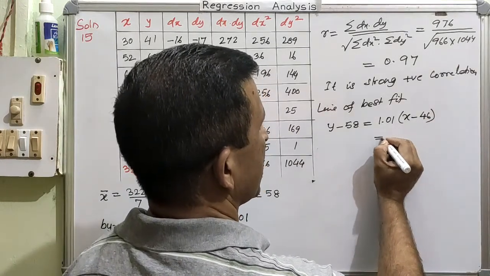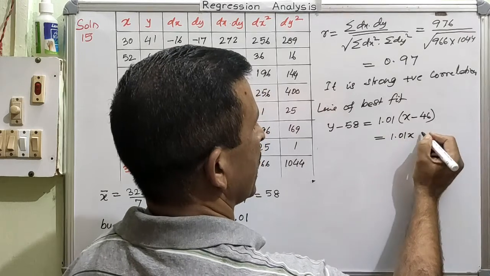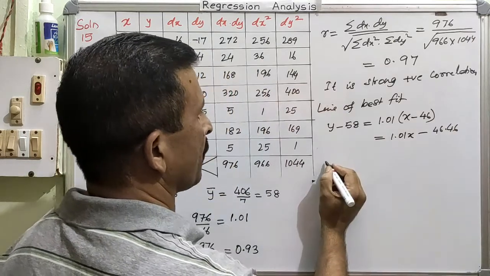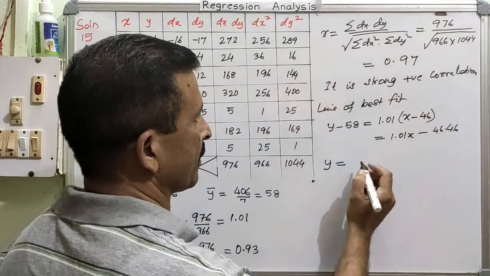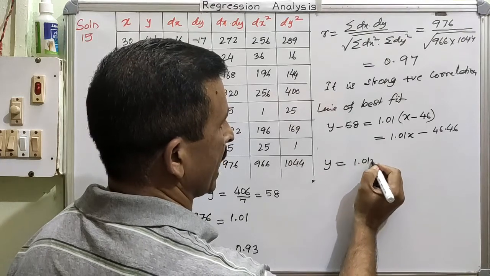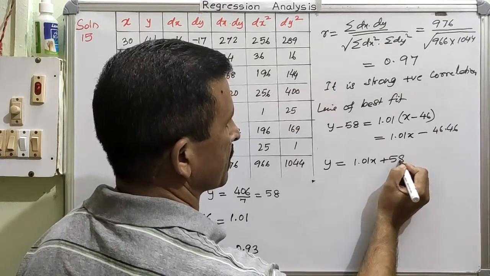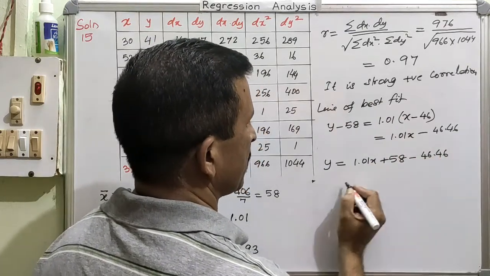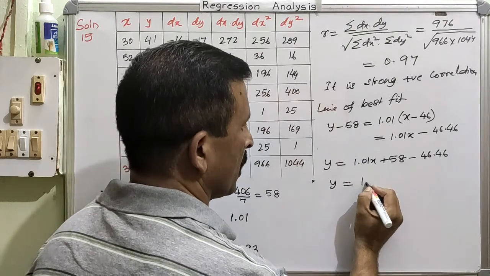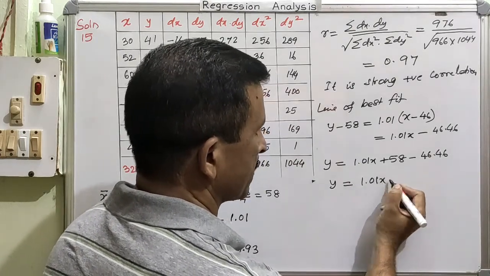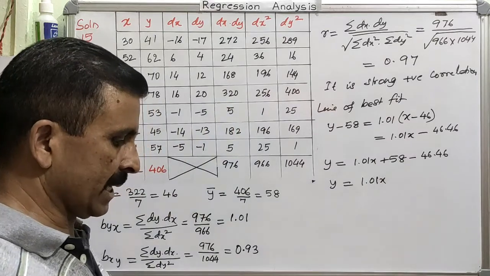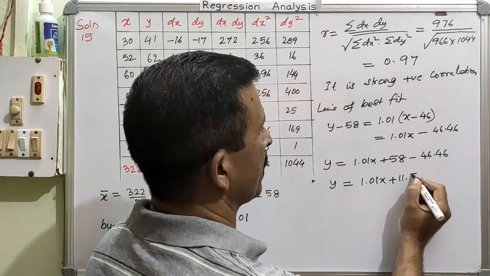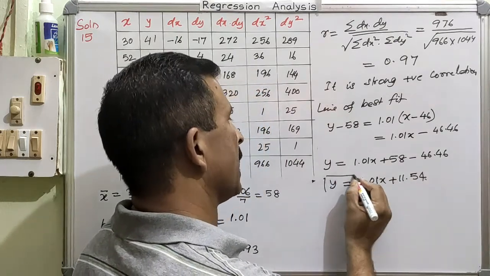So when you simplify, it will come 1.01x minus 46.46, and therefore your equation, you can finally, minus 58 will go to that side. So y is equal to 1.01x plus 58 minus 46.46. Finally your answer is y is equal to 1.01x and then 58 minus 46.46 will come 11.54. This is your line of best fit.